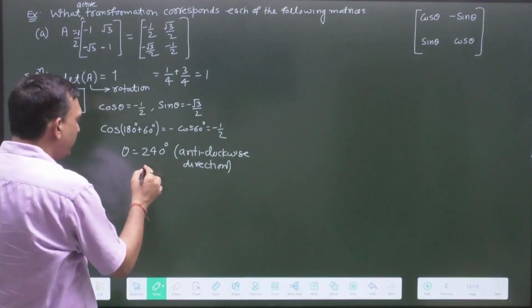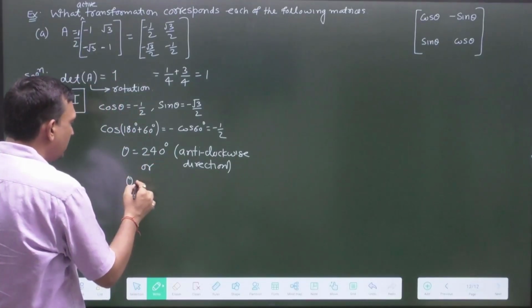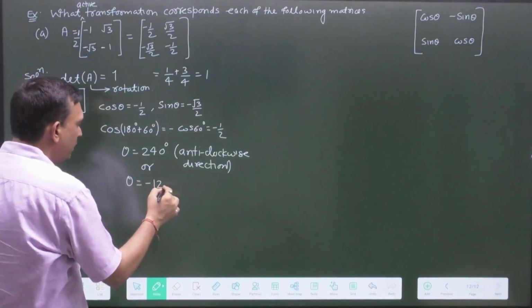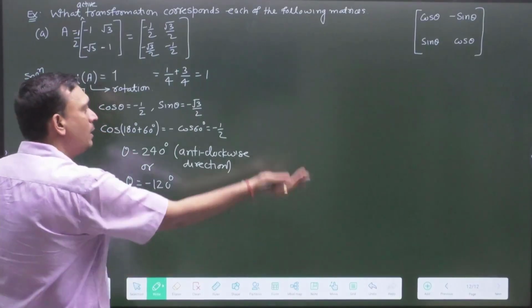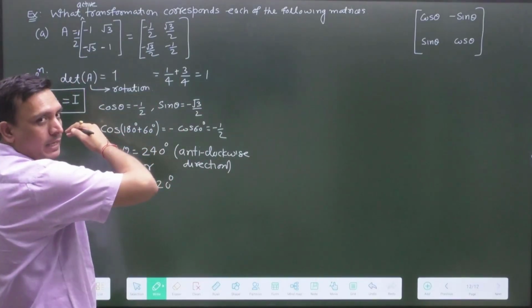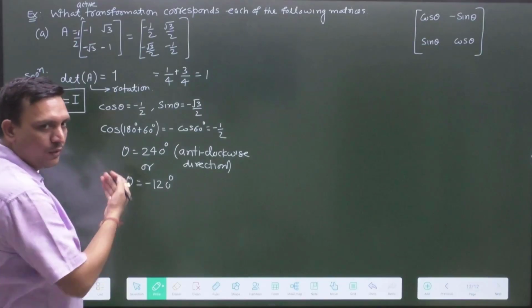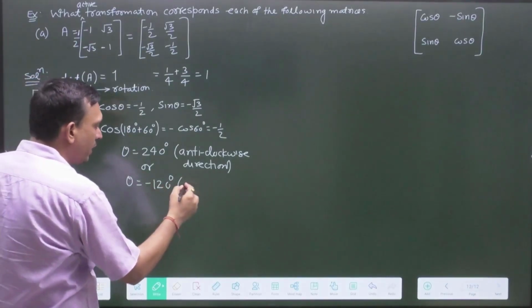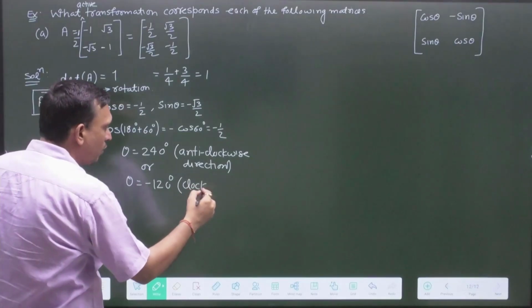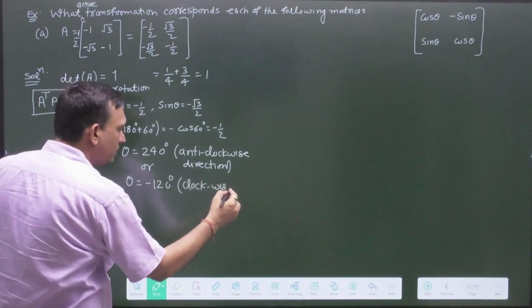Or in another way you can say theta is minus 120 degree. Both are the same thing. You are rotating 240 in anti-clockwise or minus 120 clockwise, both are the same thing. So when you are taking minus 120, it means this will rotate the vector clockwise. So you will get the same vector.